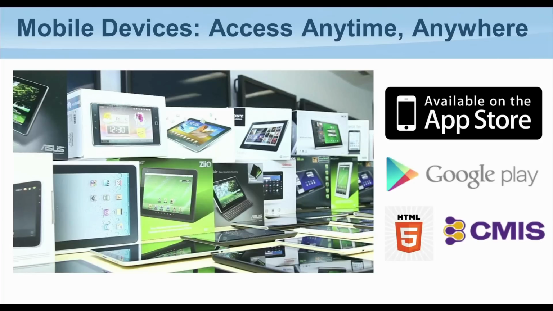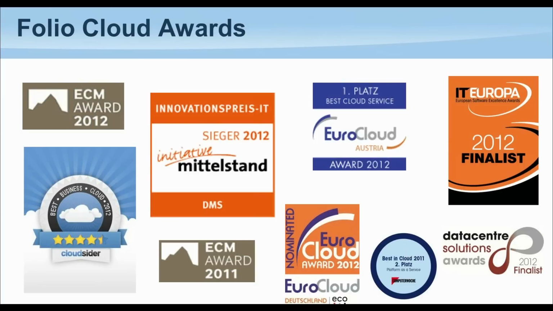And of course, it's all about mobile support. We have all the apps, the iOS apps and Android apps, which allow you to access your content in the cloud on all those mobile devices. And the nice thing for us is also that we have some awards.